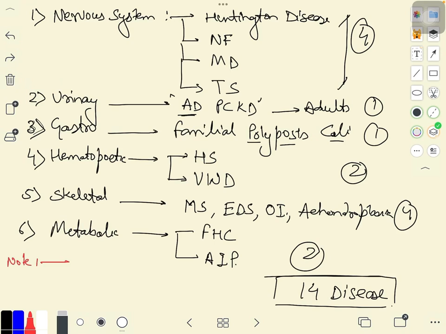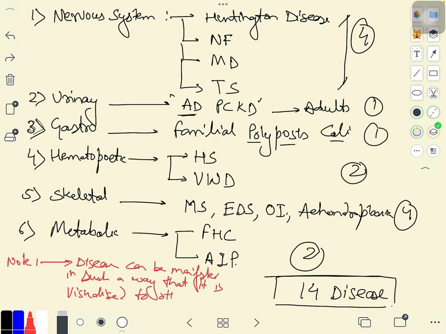So you can actually see the disease externally. Diseases can be manifested in such a way that they are visible to other people. Remember, this is just a general thing and not a solid rule.